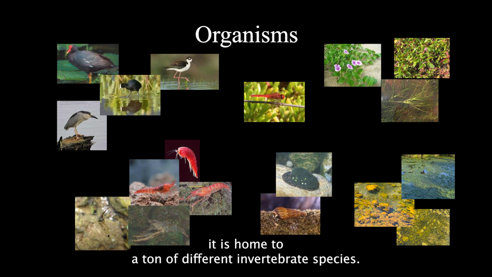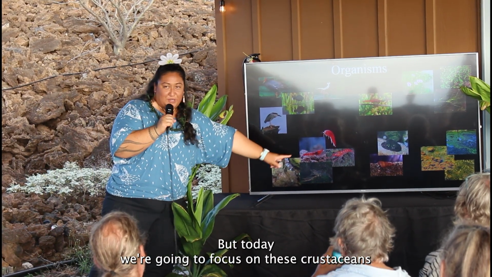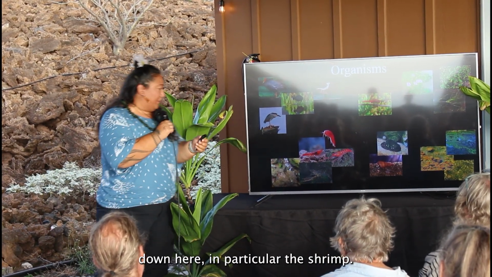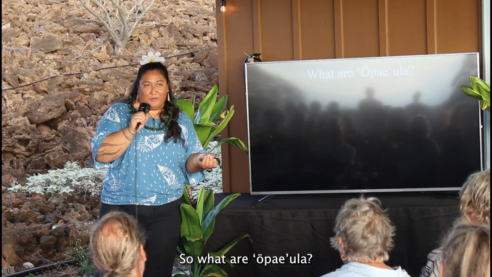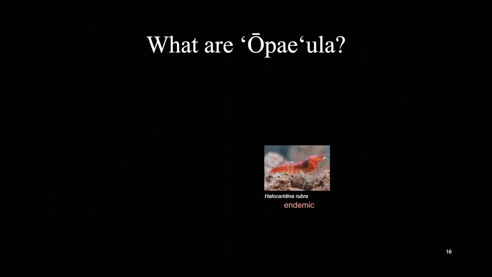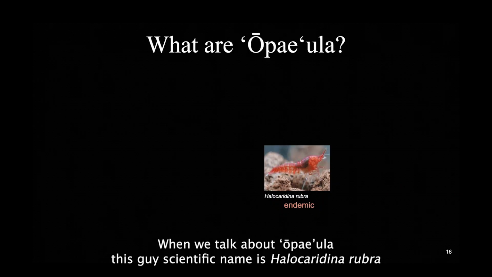And of course, it is home to a ton of different invertebrate species. So I already mentioned a few of them, but today we're going to focus on these crustaceans down here, in particular the shrimp. So what are ōpae'ula? A lot of people think of this one shrimp species when we talk about ōpae'ula.